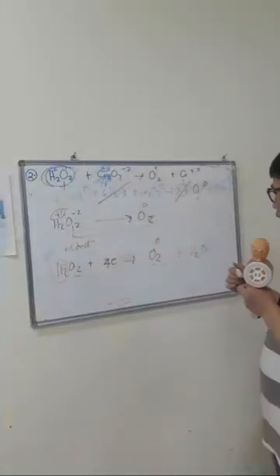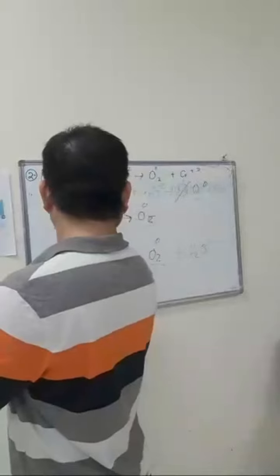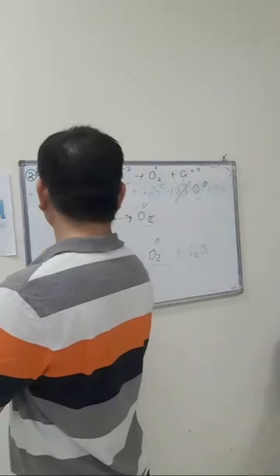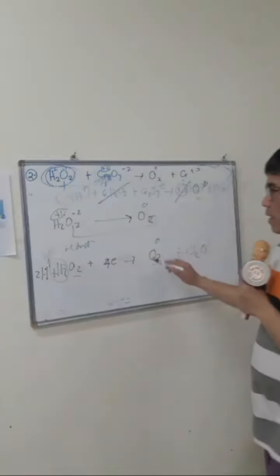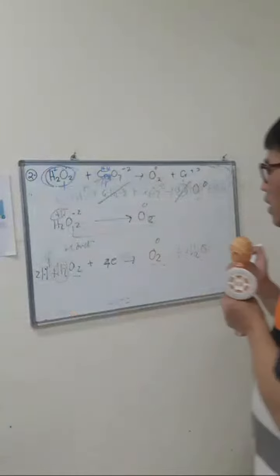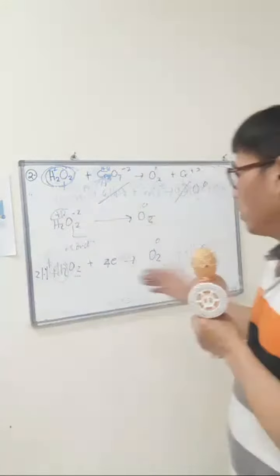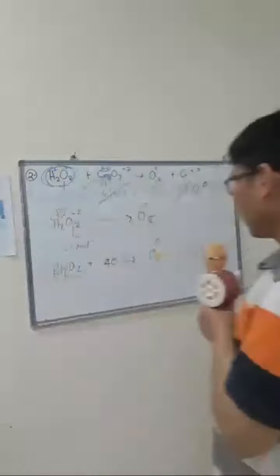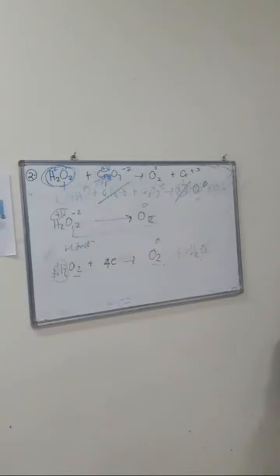Then 2H positive. Balance here, and then 4H. And then remove that H positive here. So 2 moles of H2O2, oxygen 4, balanced, perfectly balanced.